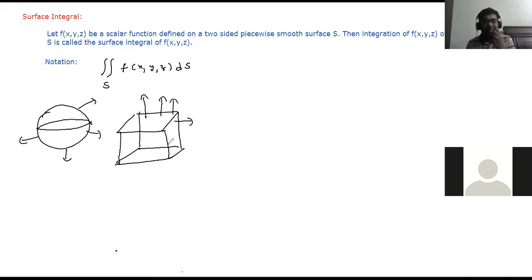Therefore, this is an example of a piecewise smooth surface. This is an example of a smooth surface.